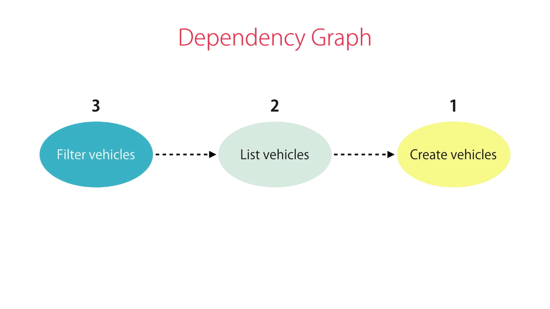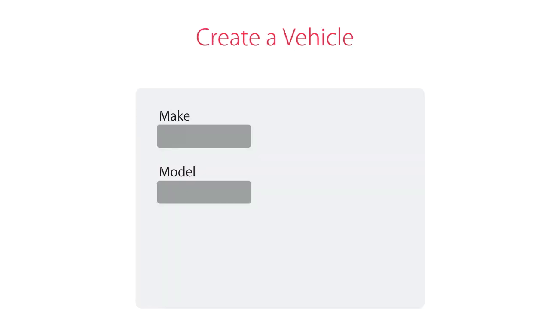So, in our current dependency graph, we're going to start with the create vehicles use case. Now, for this use case, what I do is sketch a simple form. Earlier in the requirements, I told you about the attributes of the vehicles we need to store. Every vehicle should have a make and model and a few other attributes. So here in our form, we need a drop-down list for the vehicle make.